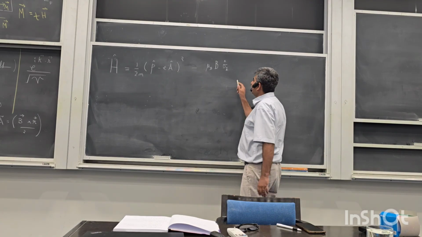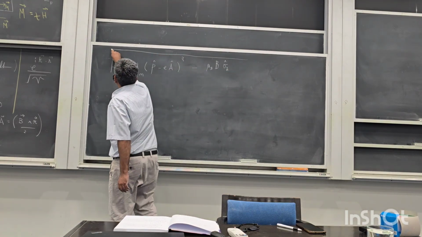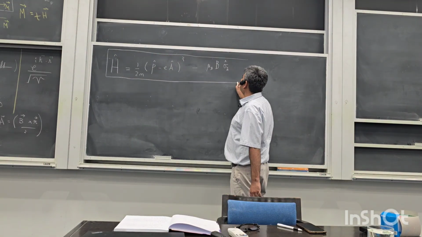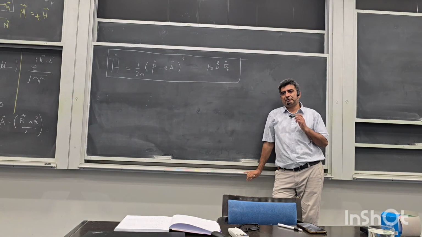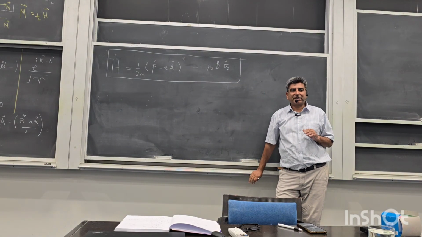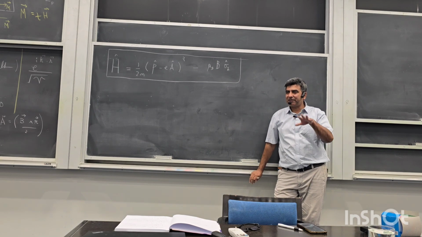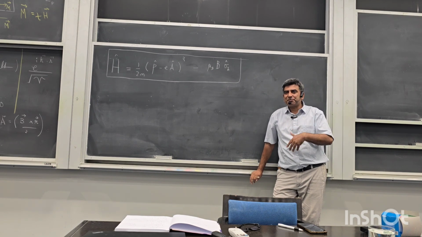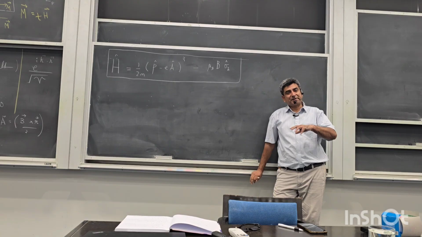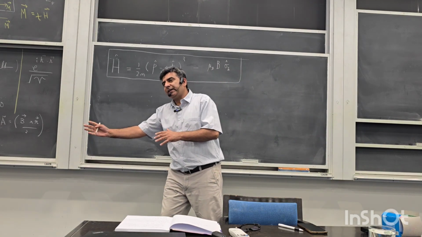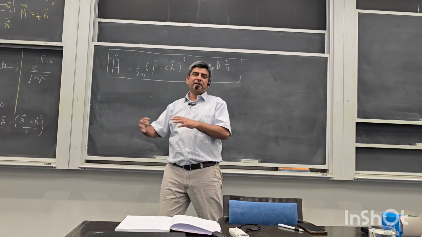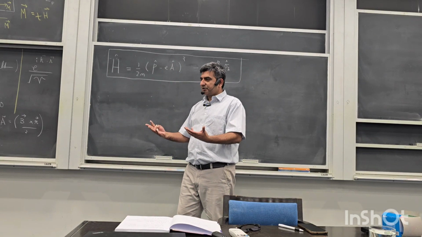Okay, so this is now our Hamiltonian, and we would like to see what kind of energy level diagram comes out from this Hamiltonian in the presence of a magnetic field. So how do the energies of the electrons change, and what is the corresponding density of states for the electrons in the presence of a magnetic field, and how does that impact the properties of the electrons, notably the magnetic properties and the electrical properties of the electrons?